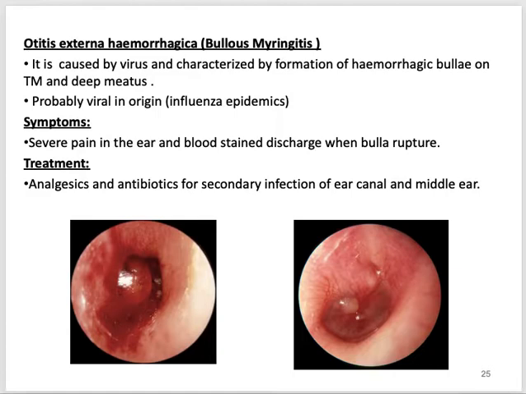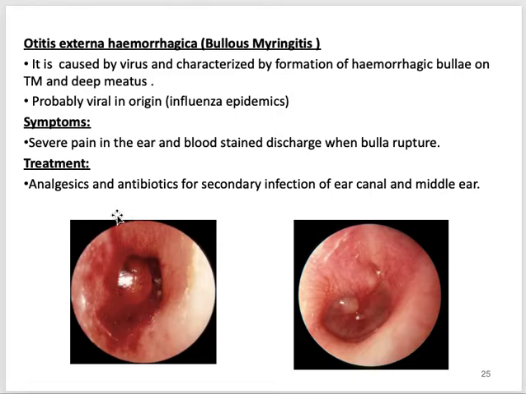Otitis externa hemorrhagica. It is also called bullous myringitis. It is characterized by formation of hemorrhagic bulla. You can see over here on the tympanic membrane. It is mostly viral in origin and seen in influenza seasons, but it is very painful, and sometimes a blood stained discharge can come out from the ear as well.